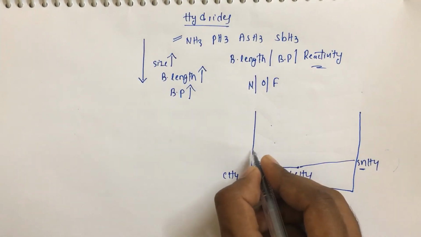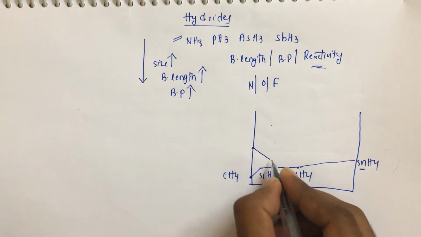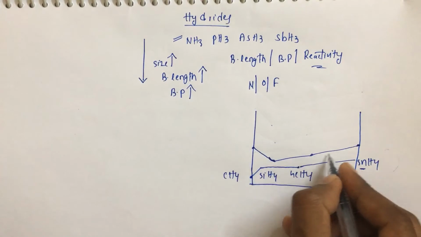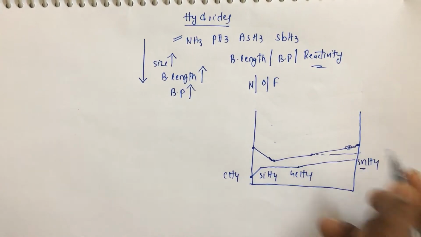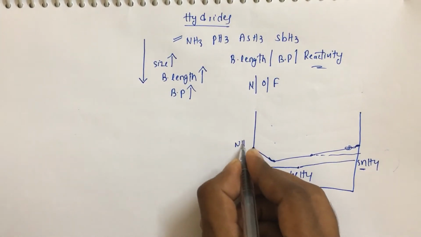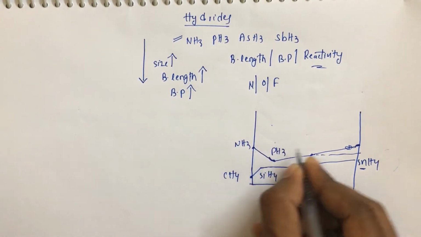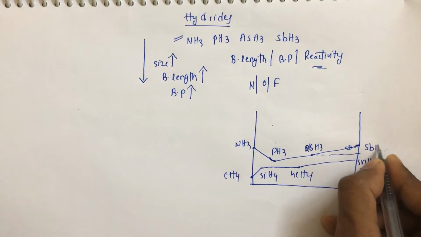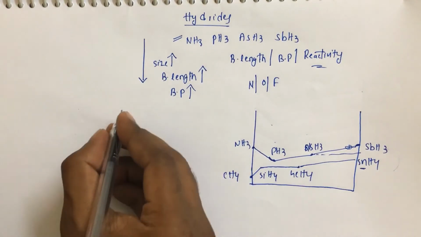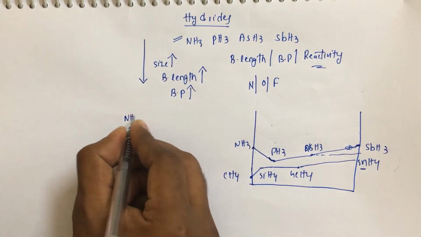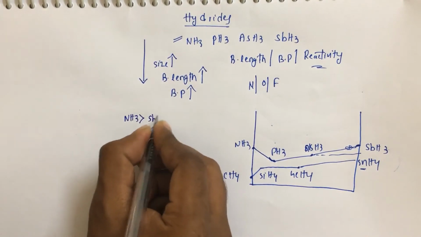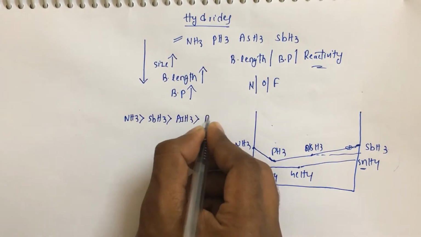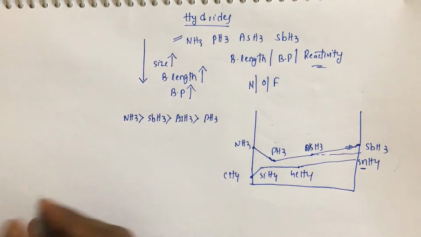But when we see for nitrogen, this will be like this: 1 2 3 4. Sorry, we will keep it here, not here. And here this is NH3, PH3, AsH3, and SbH3. So in this case, the bond length order will be NH3 highest, then SbH3, then AsH3, and PH3. And I will explain why also.